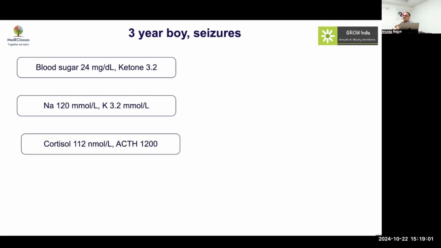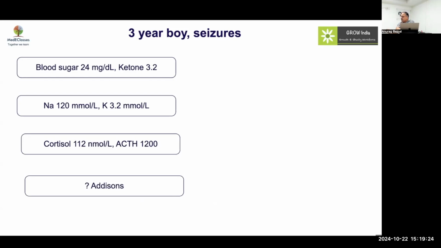So what is the cause? What do you mean by isolated cortisol deficiency? Most likely cause will be ACTH resistance. You've got high ACTH, low cortisol, and a normal mineralocorticoid. So your primary diagnosis will be ACTH resistance. Now, other things could be there, but you have to think of that.